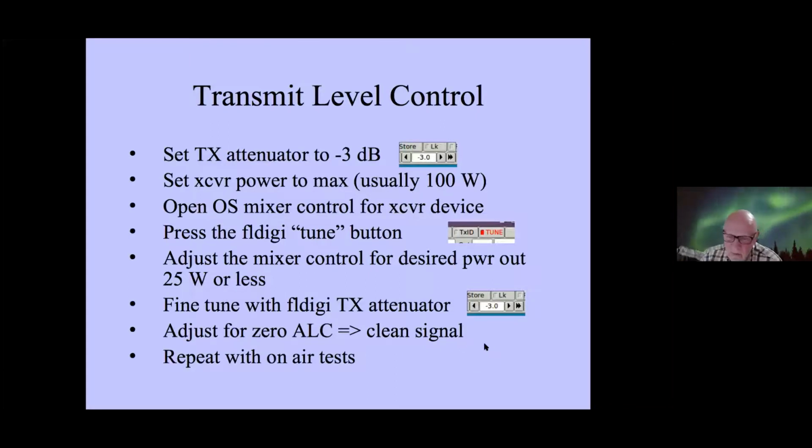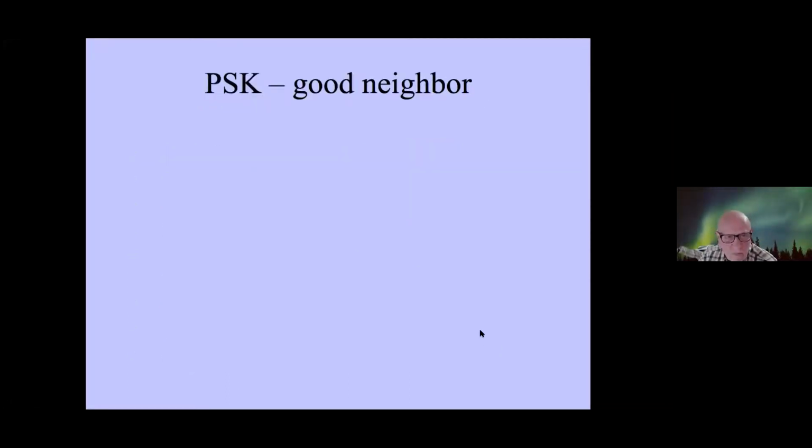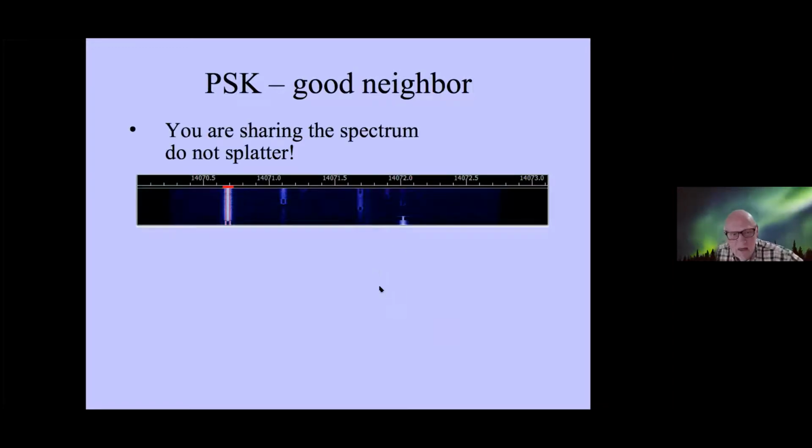Maybe get a hold of a buddy who you have a normal QSO with a lot of times and ask him to monitor your signal to see what it looks like on his waterfall. Especially with PSK, where you have many signals sometimes occupying a 3 kilohertz bandwidth, you want to be a good neighbor. Remember, you're sharing the spectrum.